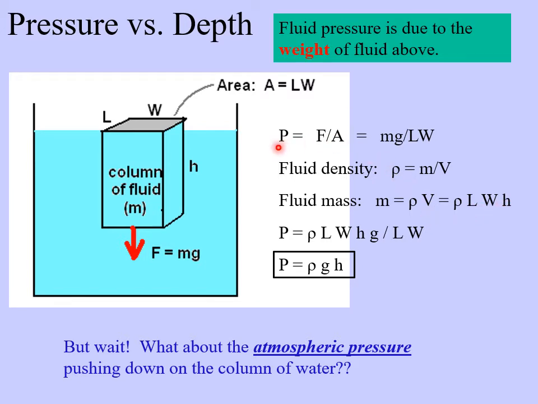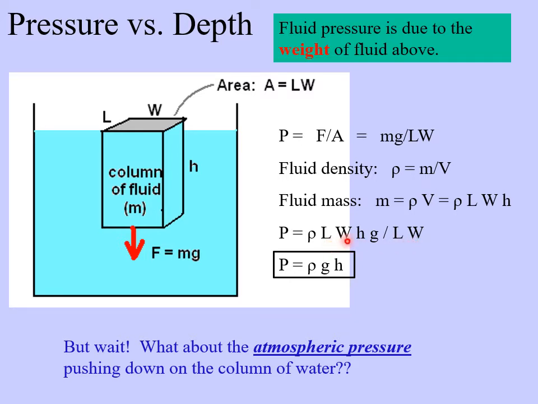Going back to our initial equation, pressure is equal to mg over LW. For m, I'm going to replace m with rho, L, W, and h all multiplied together, and then it was multiplied by g, and we divide by LW. One thing we can do immediately is clean this up.